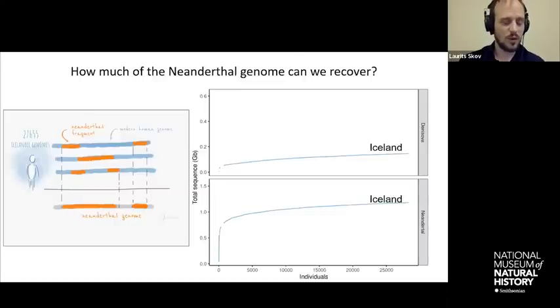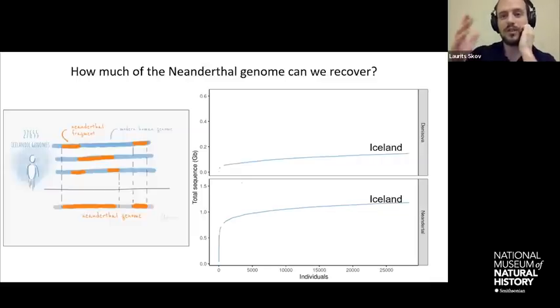And just to show you how much of this puzzle we can piece together, here I'm showing you how much of the puzzle is complete when you add more individuals. So the x-axis here is like if I just kept on sequencing individuals, and these are Icelanders, how much Neanderthal is the lower box, and how much Denisovan would I get? And you can see I'm sequencing 27,000 people, so quite a lot of people.